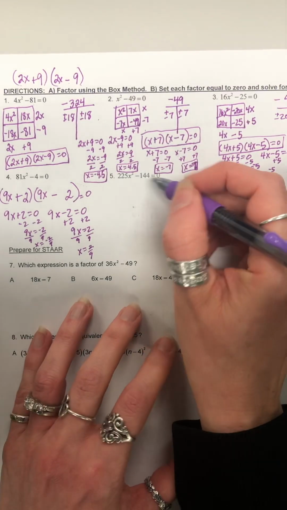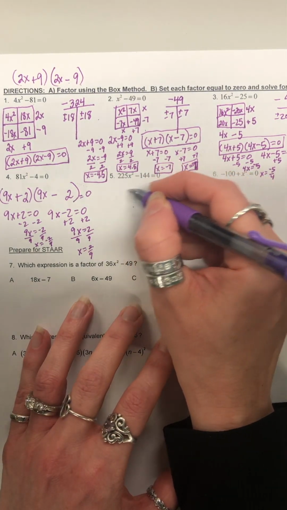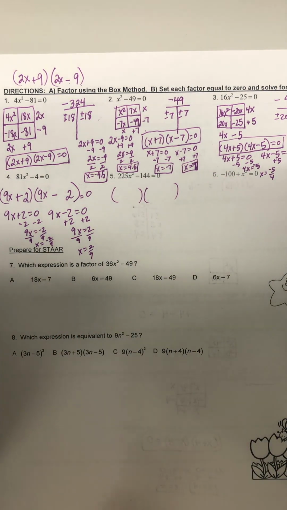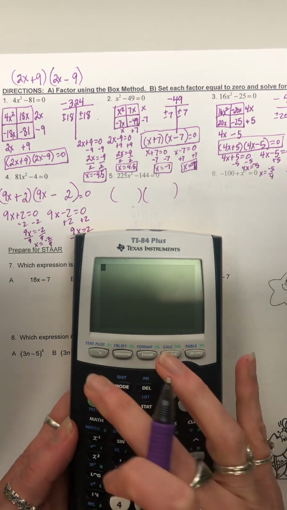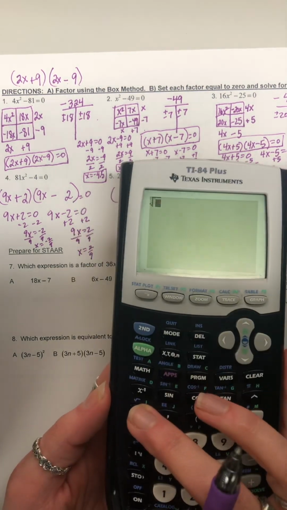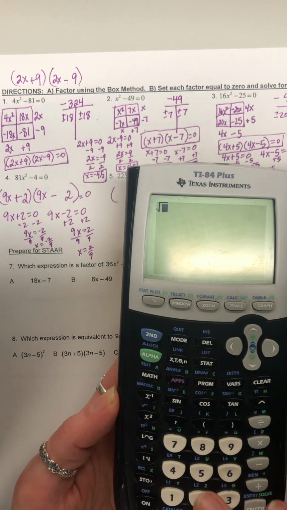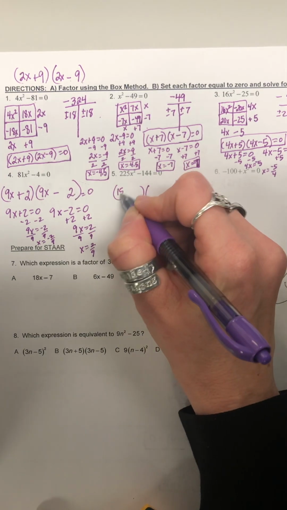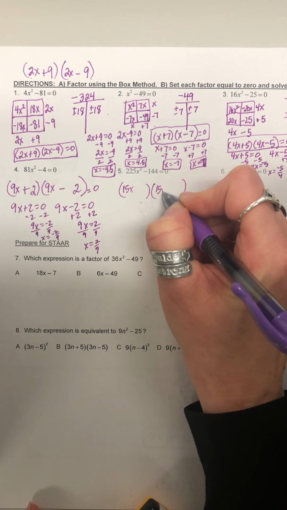Now let's try the shortcut on this one. These numbers are rather large, so I might use the calculator to take the square root if I don't know it in my head. What is the square root of 225? That would be 15. So I'm going to go 15x times 15x.